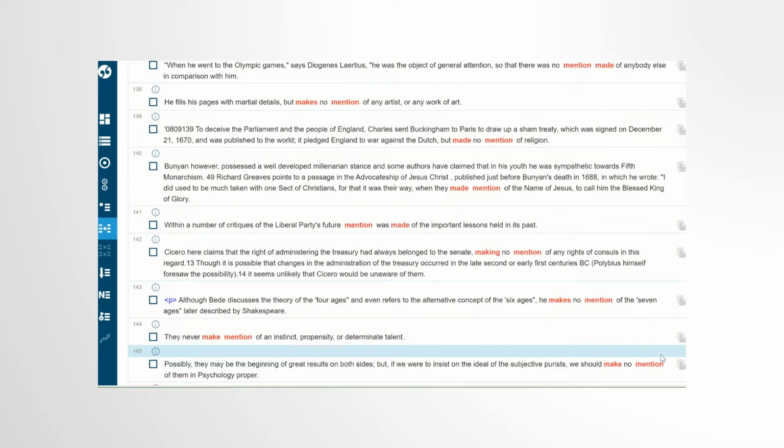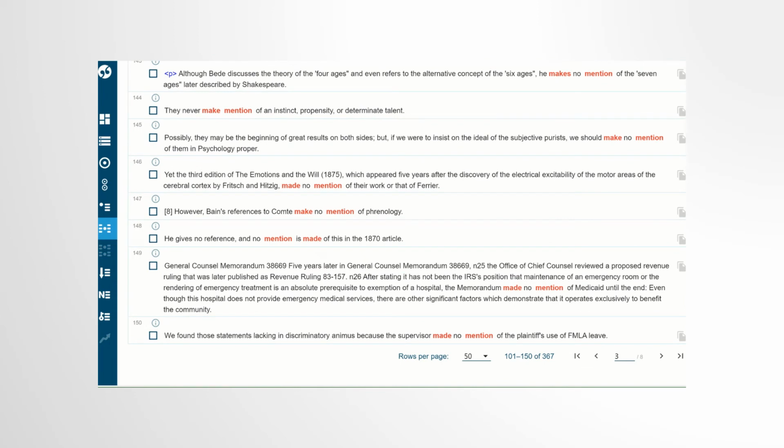All of the examples we've looked at so far are about other authors making no mention, or as the case may be, making mention of something.